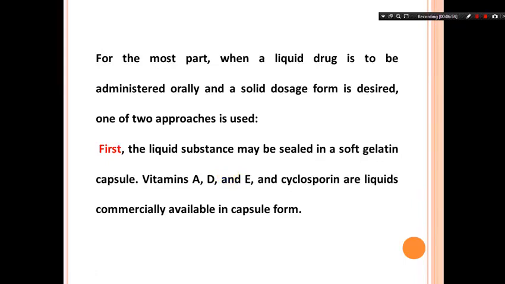There are two main approaches in order to convert the liquid drug into a solid dosage form. The first approach: liquid drug substances sealed within a soft gelatin capsule, like vitamins and cyclosporine, nowadays available in capsule form, and they are liquid drugs.